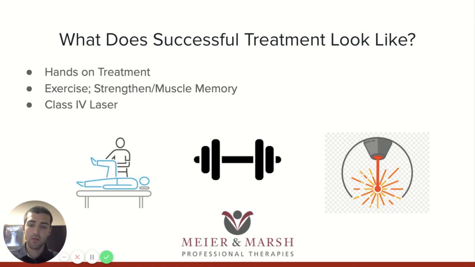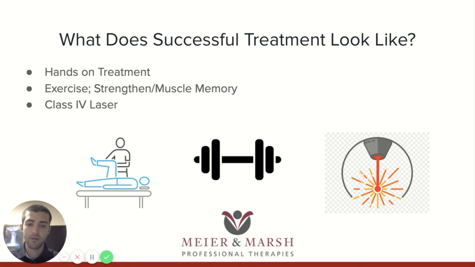And how we progress you through those 3 phases really is a sequence of hands-on treatment, in addition to exercise, which is strengthening, stretching, and muscle memory exercises. And in addition to that, modalities for pain, such as a deep tissue laser, a TENS unit, ice and heat. All those 3 elements combined really make successful treatment.